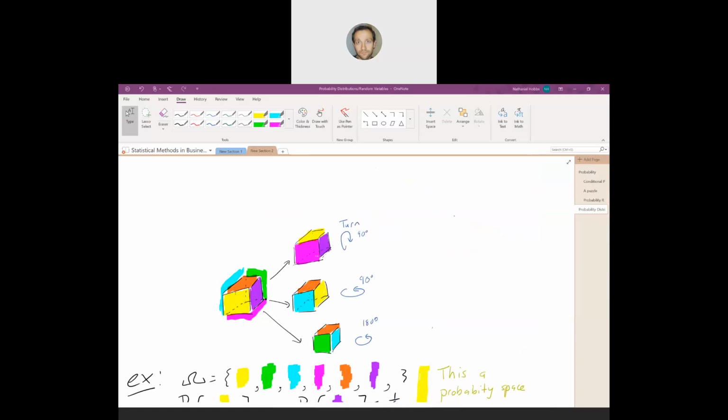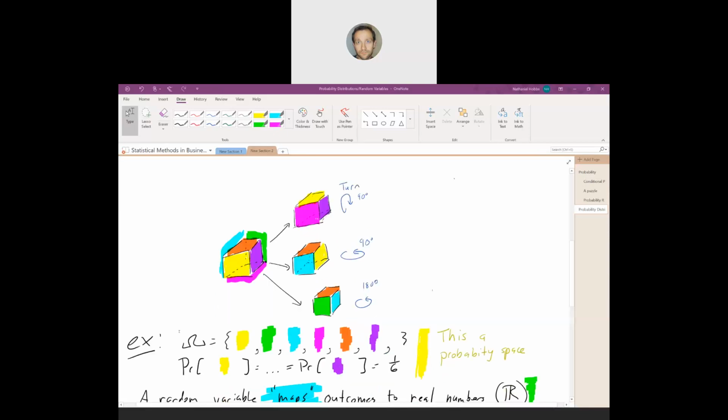If you talk about the outcome, what's going to be on top, I can't say that it's yellow or purple or green. I can talk about the probability that it's yellow. I can talk about the probability that it's purple or the probability that it's green, but this cube is no one color. I mean, what we're talking about is a probability space. And so there's things that could happen and their probability of happening, but that's as much as you can say.